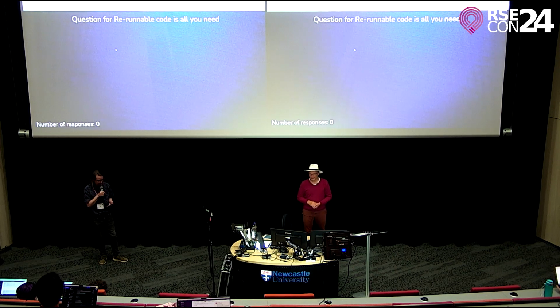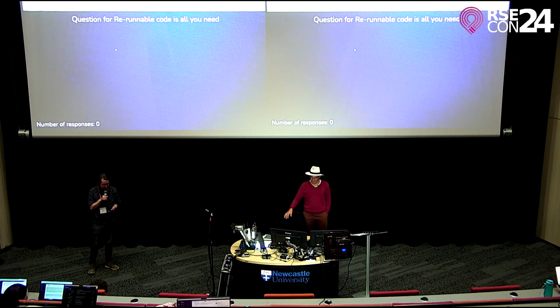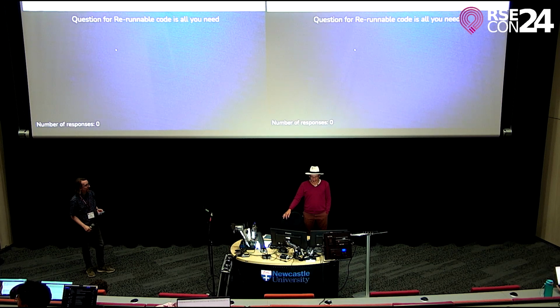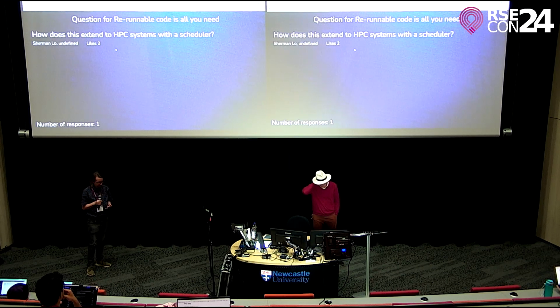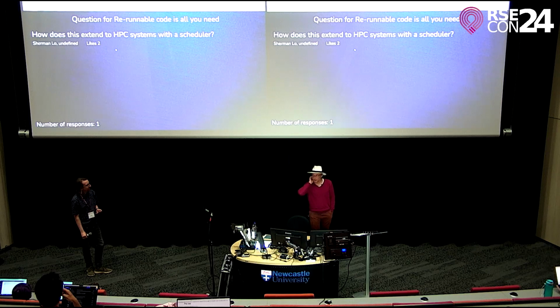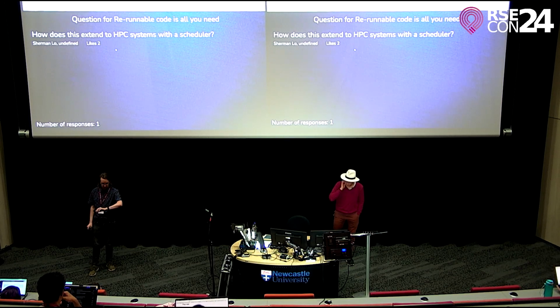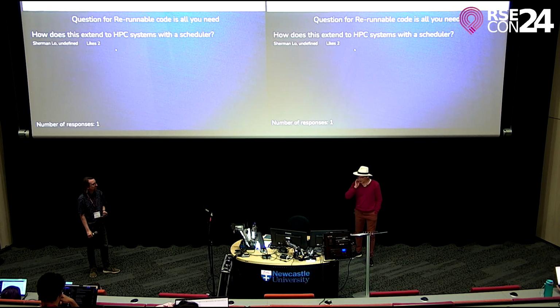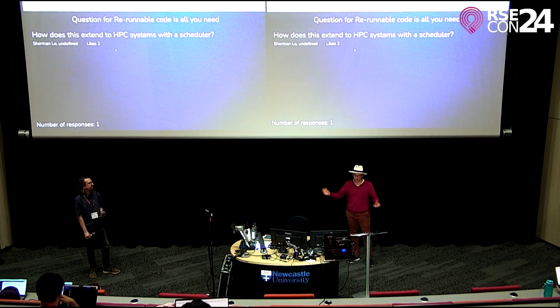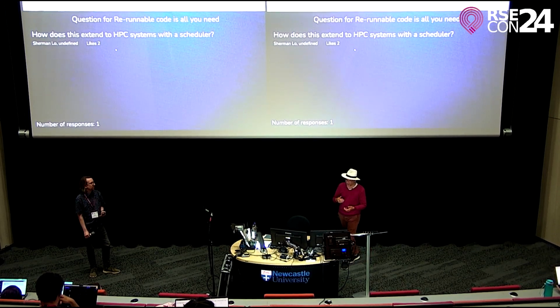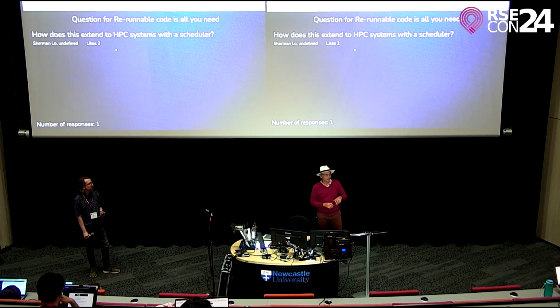Another question from Sherman here: how does this extend to HPC systems with a scheduler? Badly. I discussed this with someone, I don't remember his name, and he gave me a lot of information about HPC systems. They tried DevBox on the HPC systems, and the problem was less the scheduler than the weight of the Nix system, because you need to share all these things between the machines, and it's sometimes difficult between HPC systems to have a common directory.